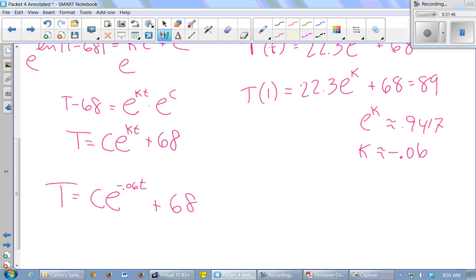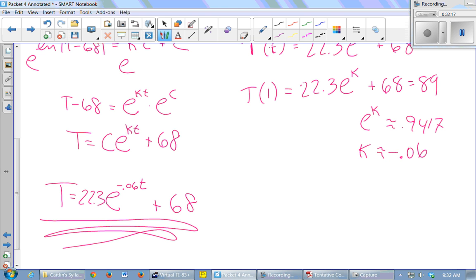Oh wait, and I know c now. C is 22.3. So yeah, either way, the constant that you solve for will come out positive or negative, and your formula will either have a positive or negative here, and so either way, you'll end up with negative 0.06 t in there. All right, so that's my final formula for the temperature of the body at time t.